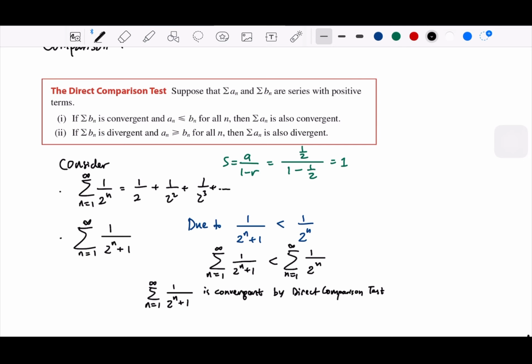Okay, let me put some emphasis on this. In the direct comparison test, if you have a series and you can't easily find its convergence or divergence, one way is to find another series that is easy to compute and that you know is convergent or divergent, and compare them.